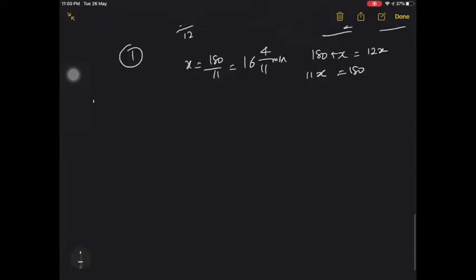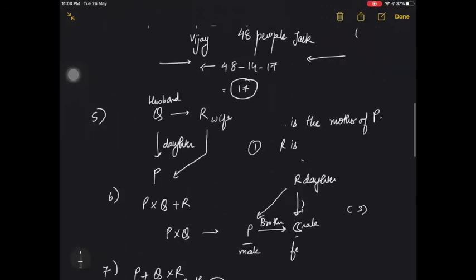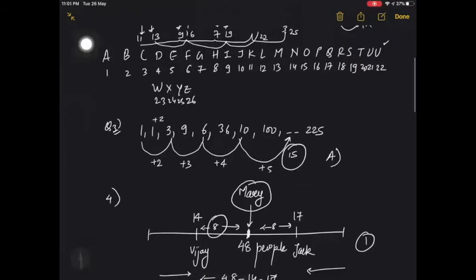Now let's go to question number 10. In question number 10, if in a certain language WINTER is coded as VHMSDQ. So if you want to understand, you have to take down this part. So we'll take it down first. Very important, this part that we have written.